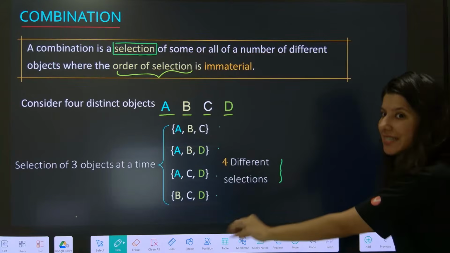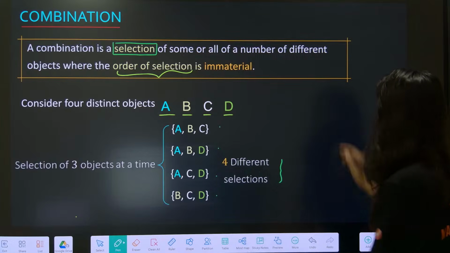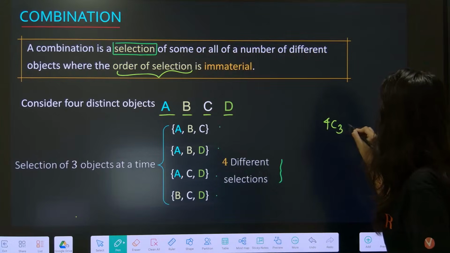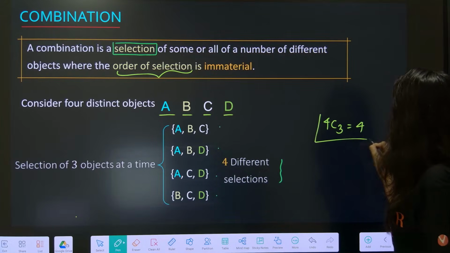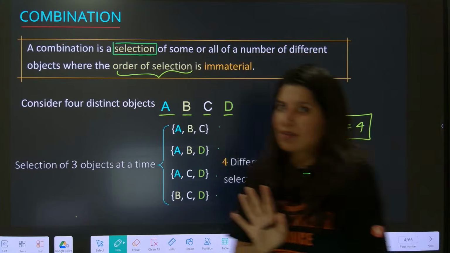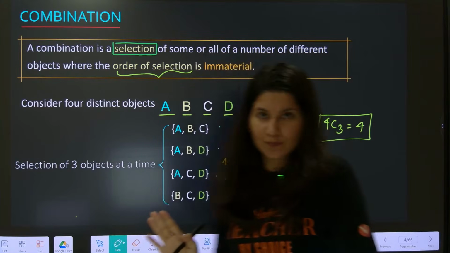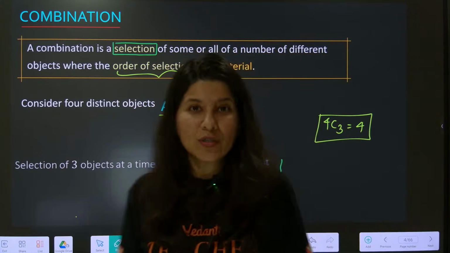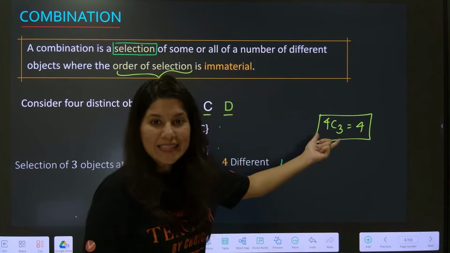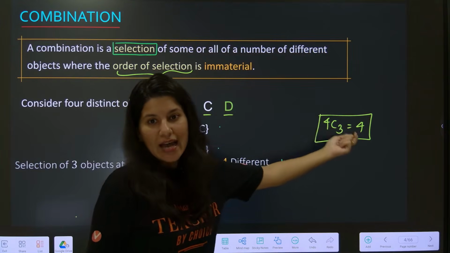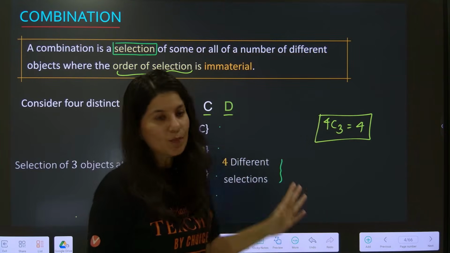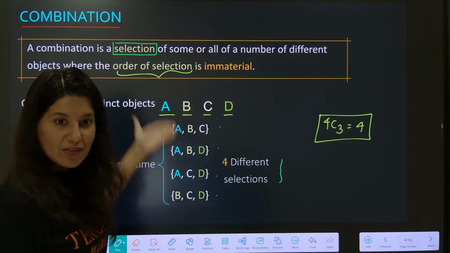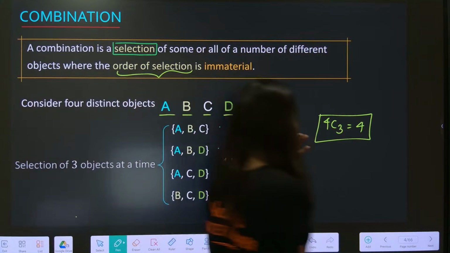This was pure selection. The answer is 4. That means 4C3 is nothing but 4. I don't know the formula of 4C3, but 4C3 is 4, that I know. The notation 4C3 means selection of 3 things out of 4 and the answer will be 4. That too we know because we have calculated it, so everybody will agree.